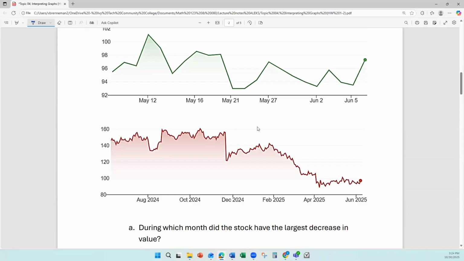For March, it starts maybe from here down to here, how far down it went at once, even though it has ups and downs. Let's call this the largest decrease all at once.